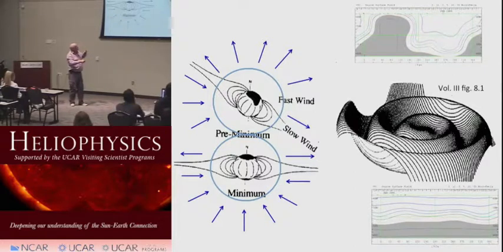As I said, the wind is not doing this. It's just dragging pieces of this heliospheric current sheet radially outward, but they're coming from different places in the sun at different times.